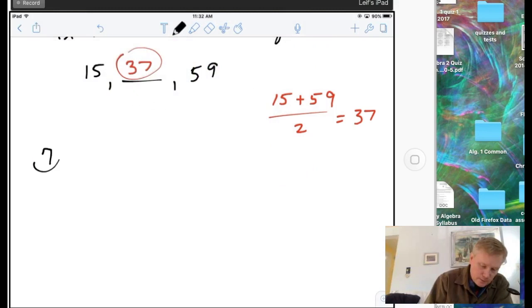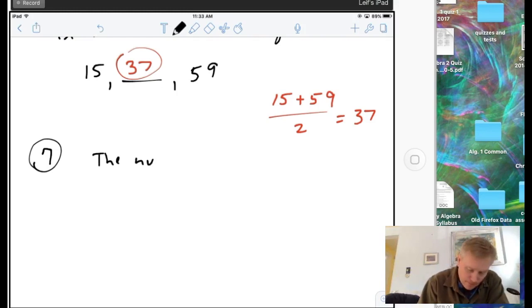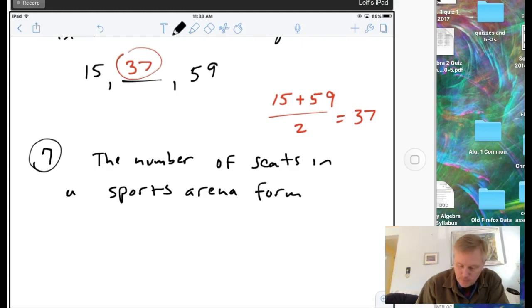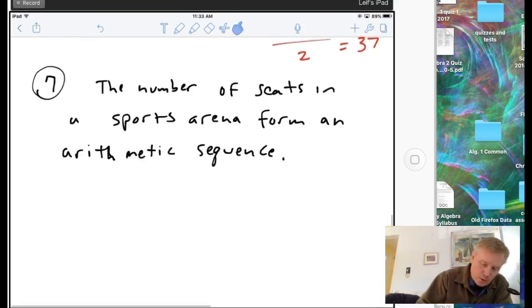Number 7. So one kind of real life problem for this is, the number of seats in a sports arena form an arithmetic sequence. Row 1 has 14 seats.